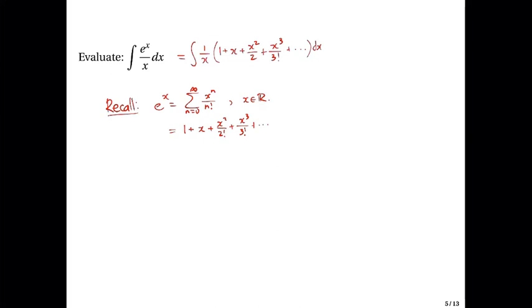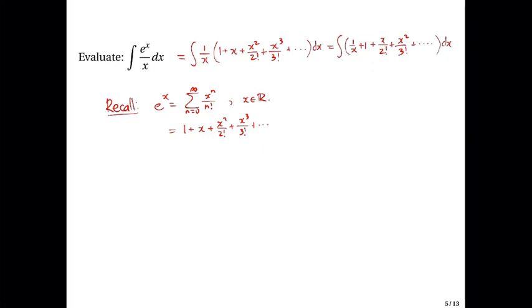So if we distribute that 1 over x, we will have the integral of 1 over x plus 1 plus x over 2 factorial. Anyway, there should be a factorial there to avoid confusion. And then plus x squared over 3 factorial plus dot, dot, dot, and then dx.